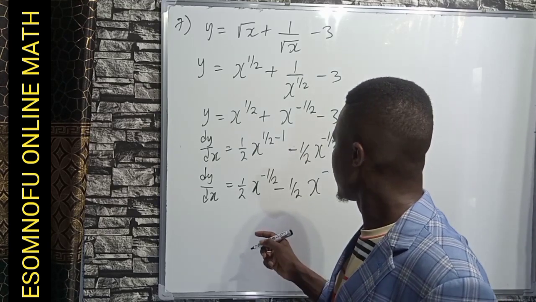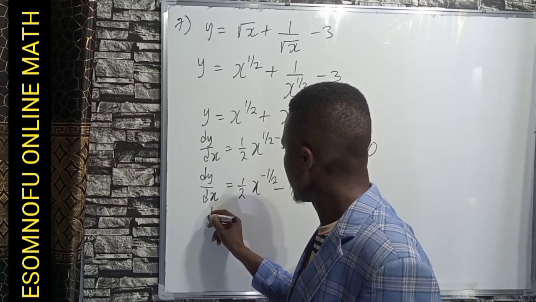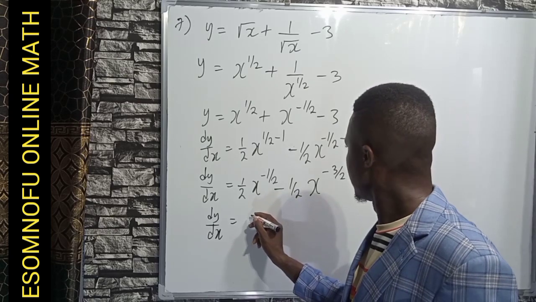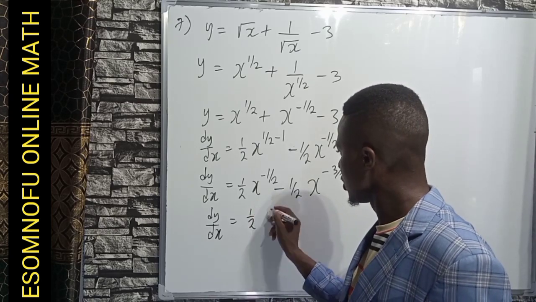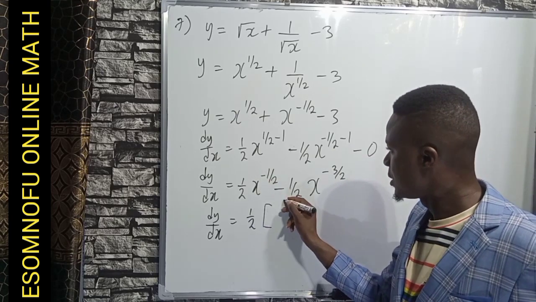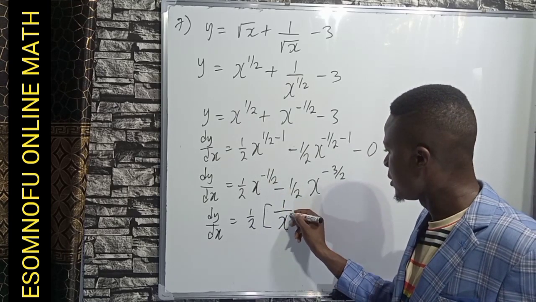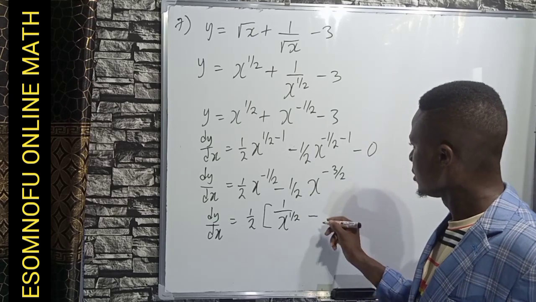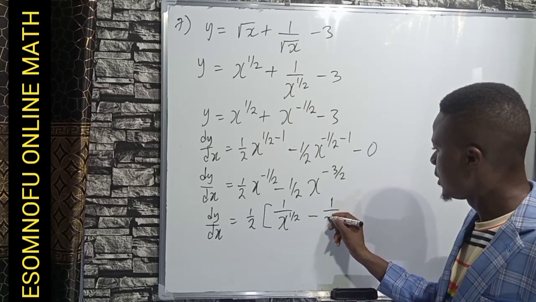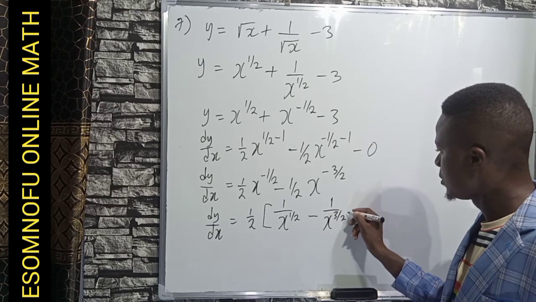Do you know that the half is common? If I wish, I can factor out the half. dy over dx can be seen as half, which is common. Then this x to the power of minus half can be seen as 1 over x to the power of half, minus this x to the power of minus 3 over 2, which can be seen as 1 over x to the power of 3 over 2.